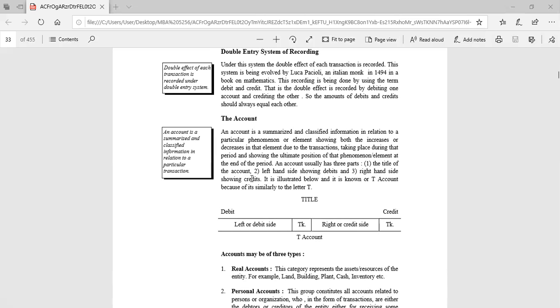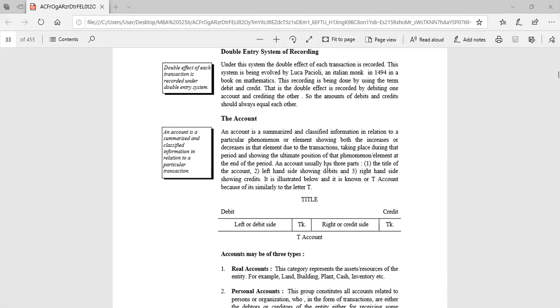What do you mean by the account? Account means when we analyze the transactions, we get two parties. One party is debit, another party is credit. Each party is called an account. An account summarizes classified information. It relates to a particular phenomenon or element, showing both the increase and decrease in the element due to transactions taking place during the period, and showing the ultimate position of the element at the end of the period.